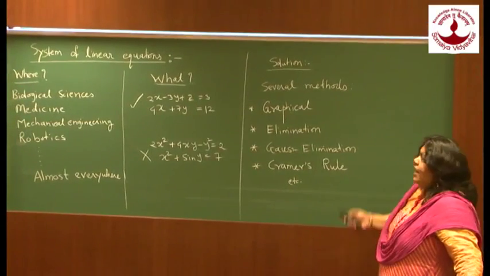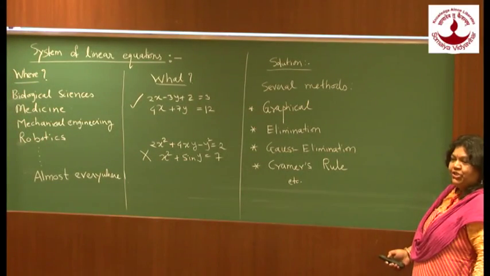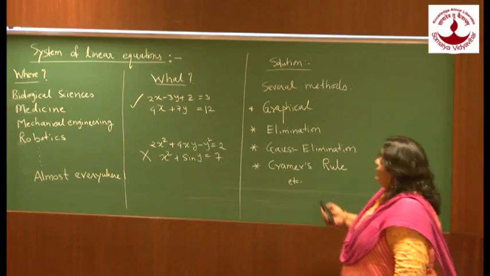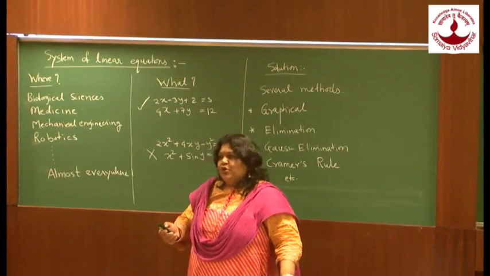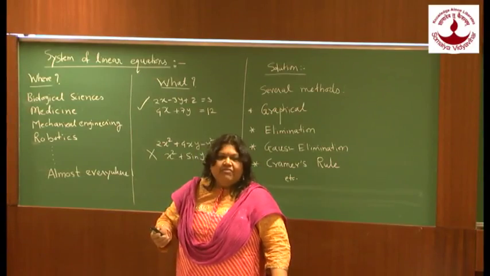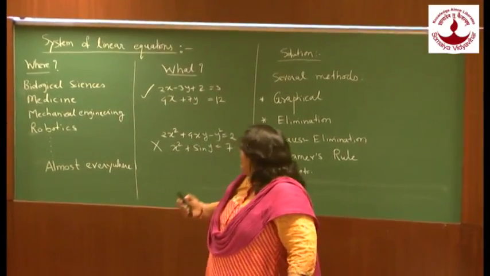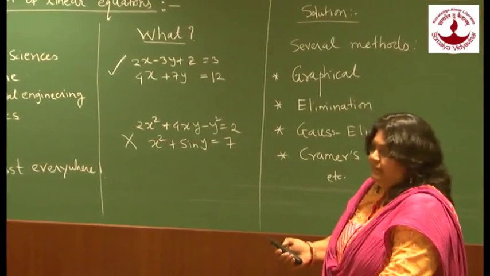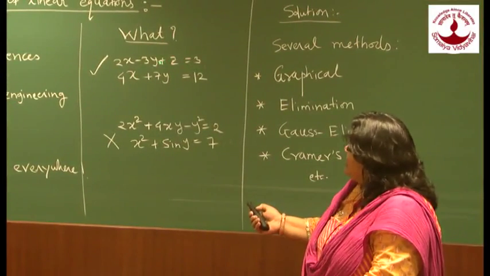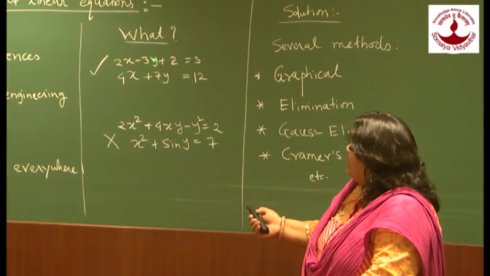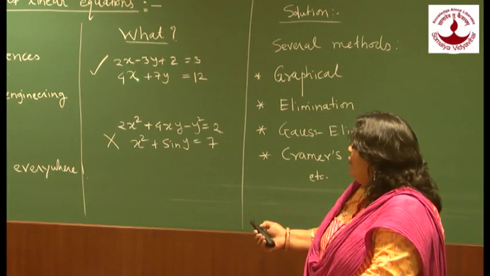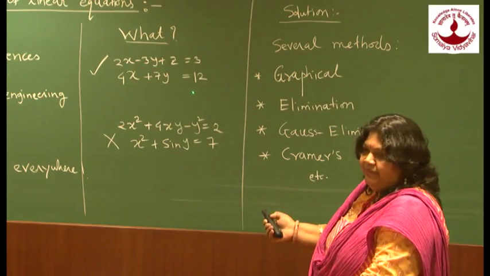Right? Now we come to what is meant by solution of a system of linear equations. By solution, what we mean is those values of variables that will satisfy each and every equation. So let us talk about this system which I have taken as example here: 2x minus 3y plus z equal to 3, 4x plus 7y equal to 12.